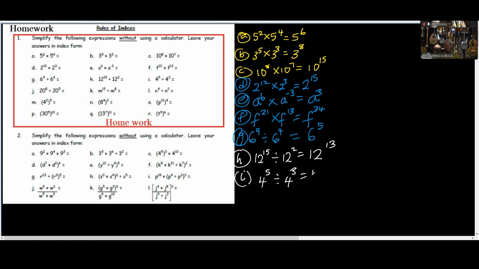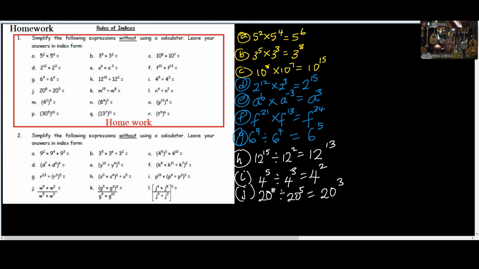Since it's division, we pick 4, then we subtract the power 5 minus 3, gives us 2. Then option J, we have 20 raised to the power 8 divided by 20 raised to the power 5. So since it is division again, we pick 20, we say 8 minus 5 equals 3, 20 raised to the power 3.